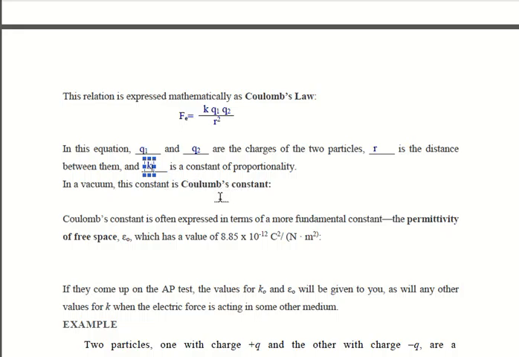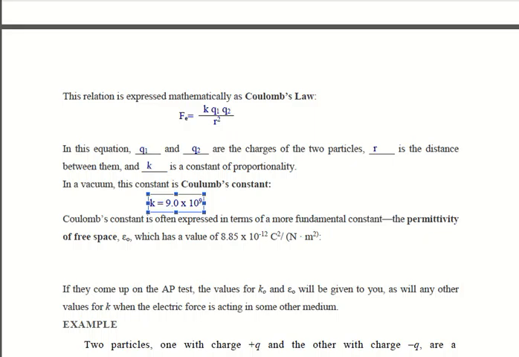When we're talking about electricity, K stands for Coulomb's constant. And for what we need to know, when you do your math, you can pretty much use 9 times 10 to the 9th. In reality, it's a little less than 9, but we'll be okay to use 9 here.